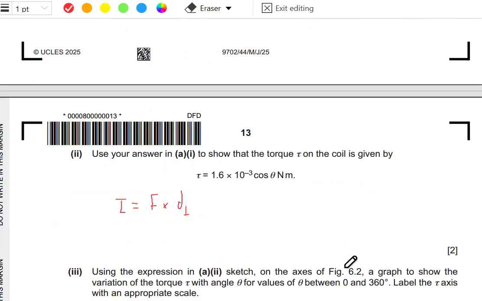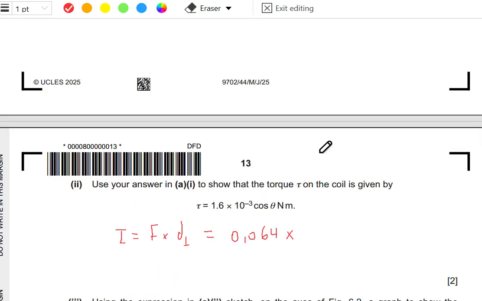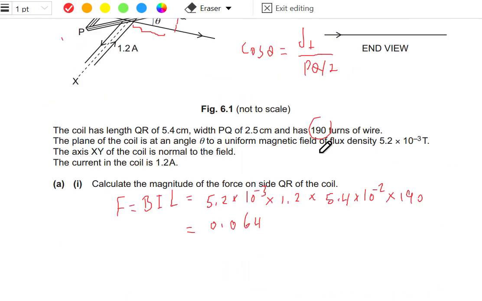So for the torque, we have F that we have just calculated on QR times the perpendicular distance I have just showed to you.